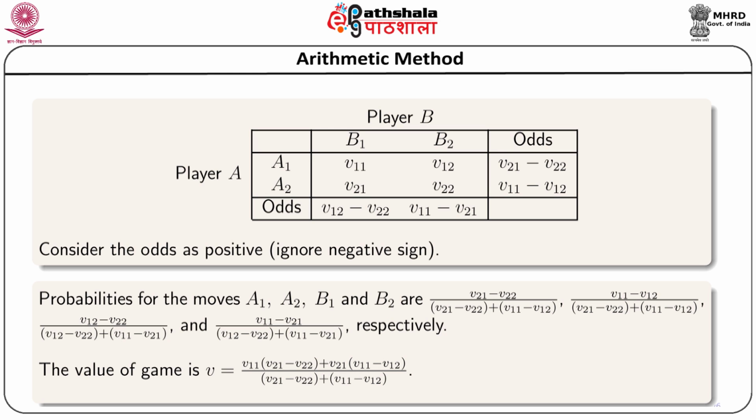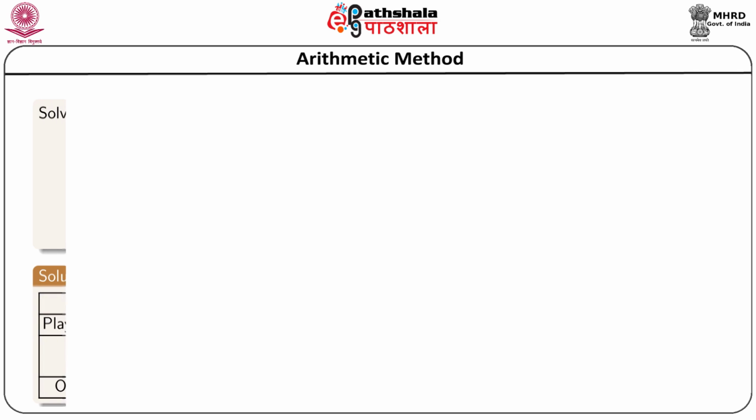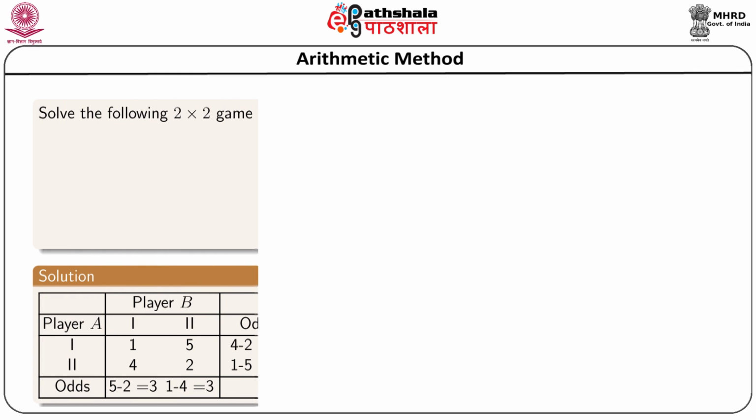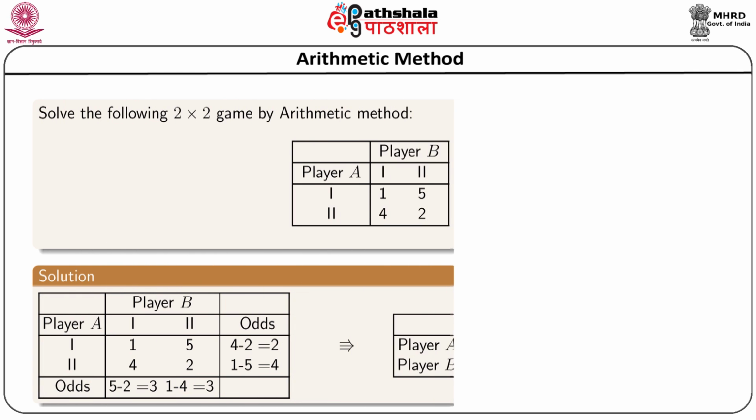For a1 it is (b22 minus b21) over (b21 minus b22 plus b11 minus b12). This is the probability for the move of a1. Similarly, the other probabilities can be obtained and the value of the game finally can be obtained. So, we now illustrate this method with an example.